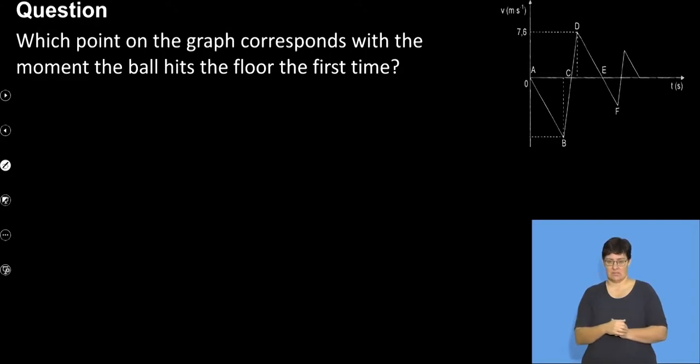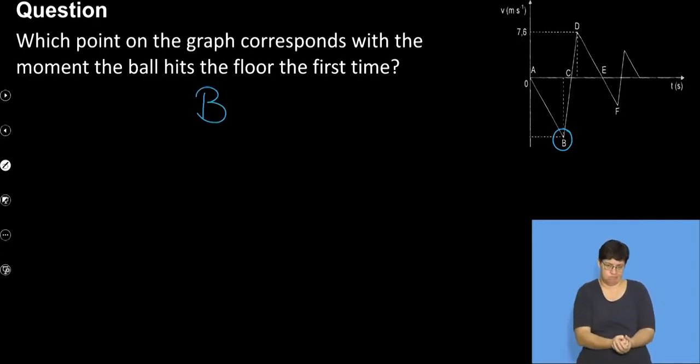Which point on the graph corresponds with the moment when the ball hits the floor for the first time? Here. That's when it's hit the floor. Between B and D, that's where it's spending time on the floor. So that's B. That's all they wanted. No explanation needed.